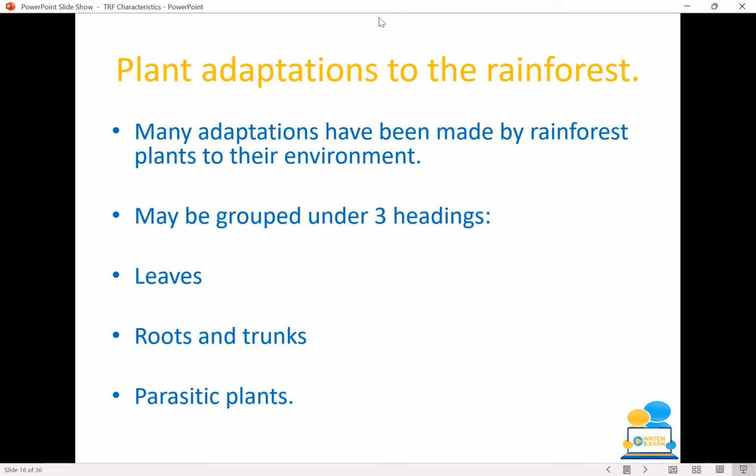The roots and trunks have adapted to live in the different parts of the rainforest as well. And I've also mentioned parasitic plants. These parasitic plants have adapted to the rainforest to be able to survive by living off the trees, the other plants within the rainforest. So we're going to look at these 3 different headings in a bit of detail now.